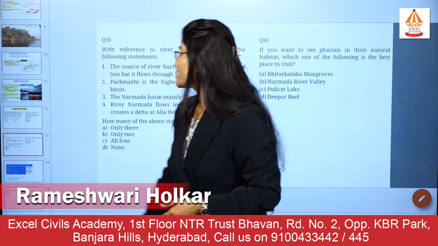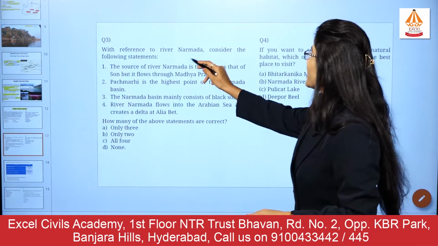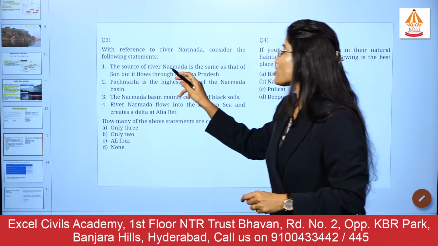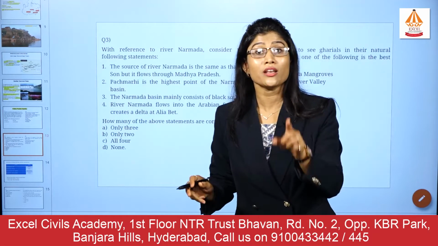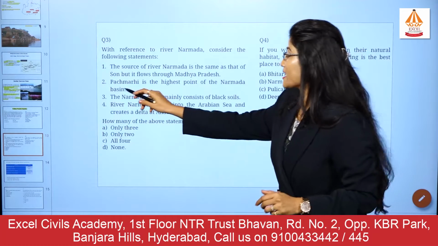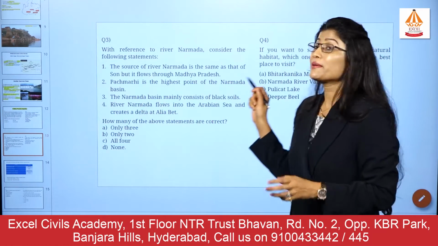Now we have the third question. With reference to River Narmada, consider the following statements. First, the source of River Narmada is the same as that of Son, but it flows through Madhya Pradesh. Second, Amarkantak is the highest point of the Narmada basin.